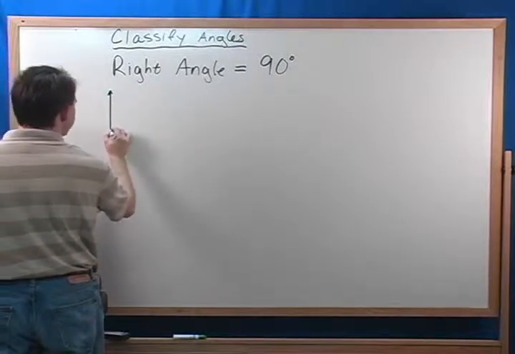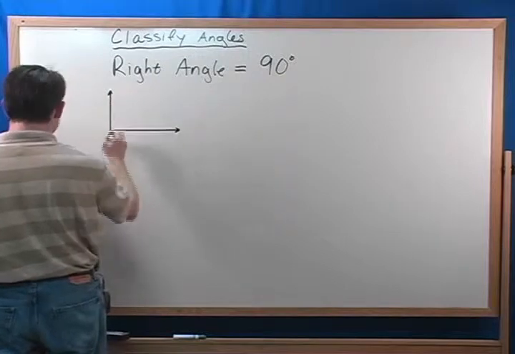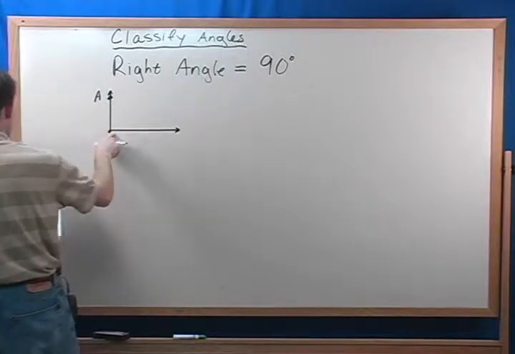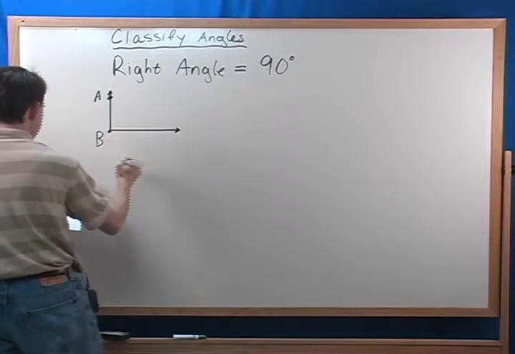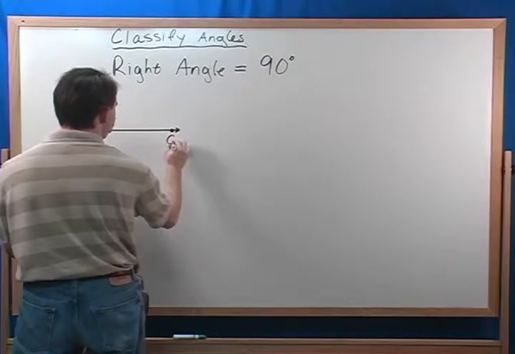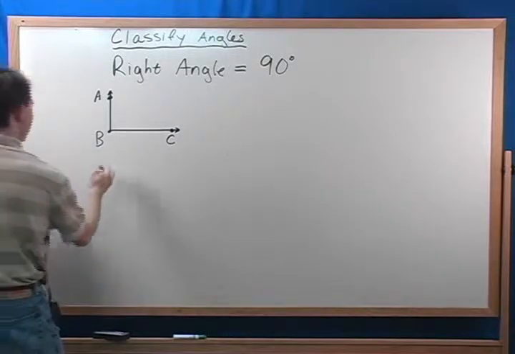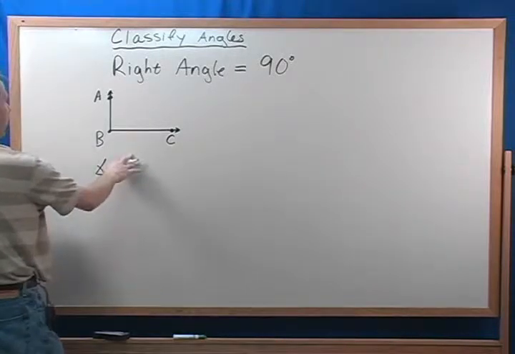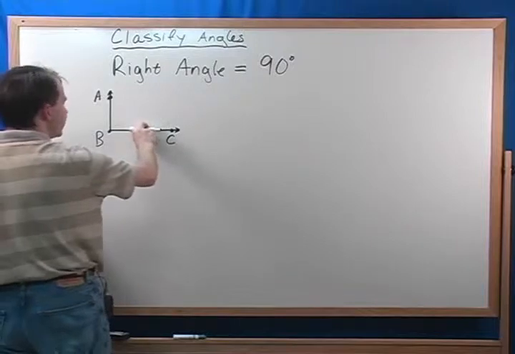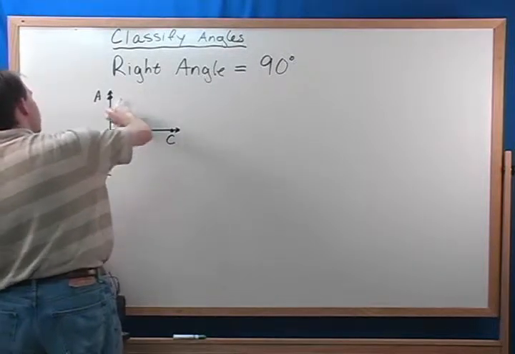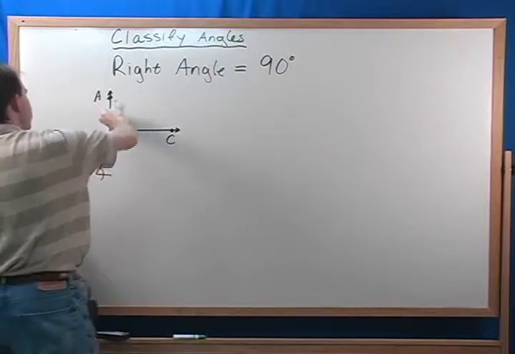Here's one of your rays. Here's the other ray. And let's just say this is point A. The vertex point here is point B, and the other ray is defined by B and C, so I have A, B, and C. If you think about it, if I'm measuring this angle right here, if I go from here and start measuring up, can't you convince yourself that this is a quarter of a circle?